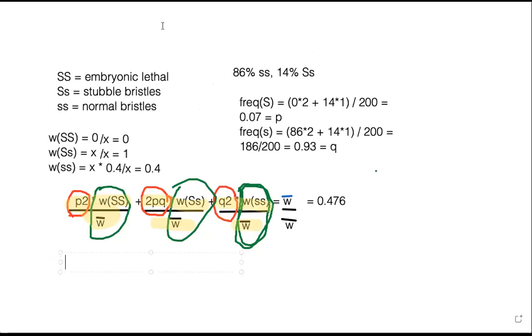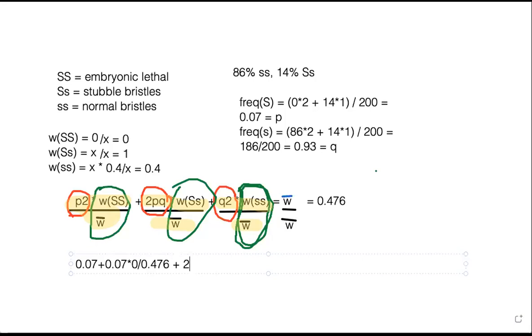Well, this is going to be intensely annoying, but this is going to be 0.07 times 0.07, times 0 divided by 0.476.